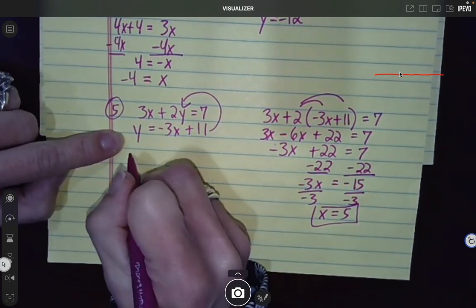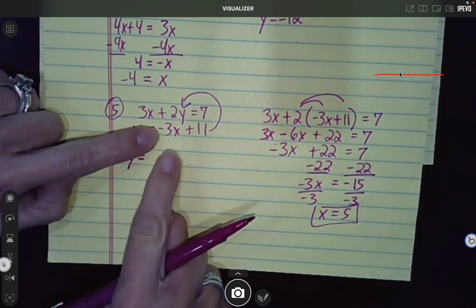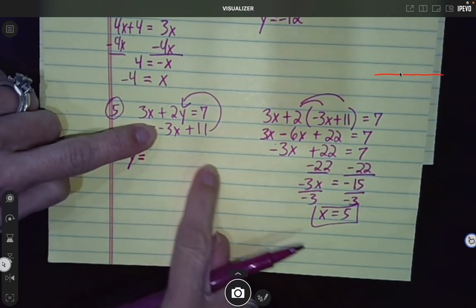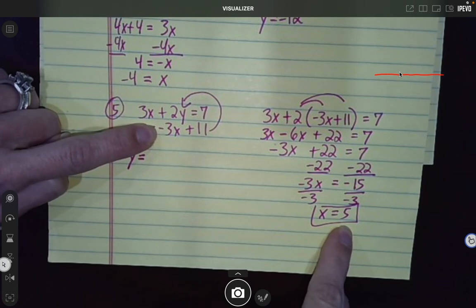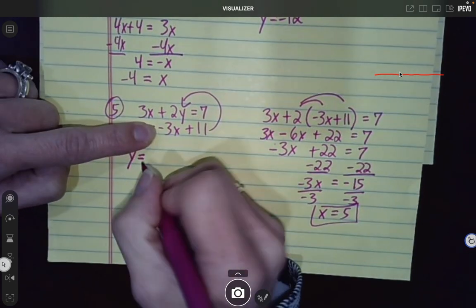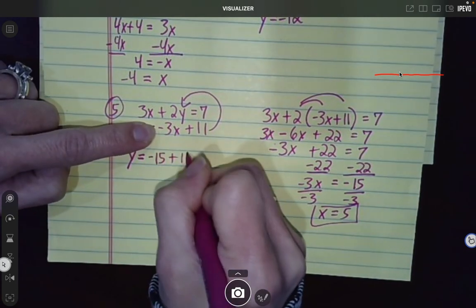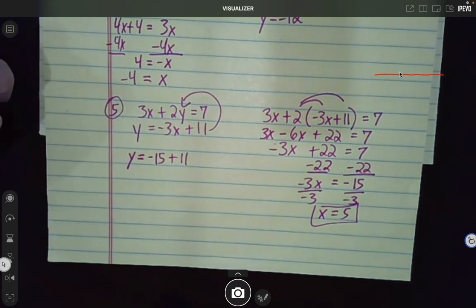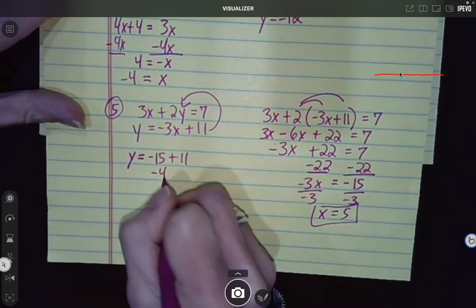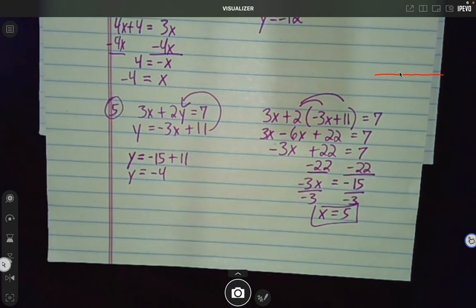So y equals, because I'm going to find y, what's negative 3 times 5? Negative 15 plus 11. And what is negative 15 plus 11? Negative 4. And that was in my answer choice. Y equals negative 4. Any questions on that one?